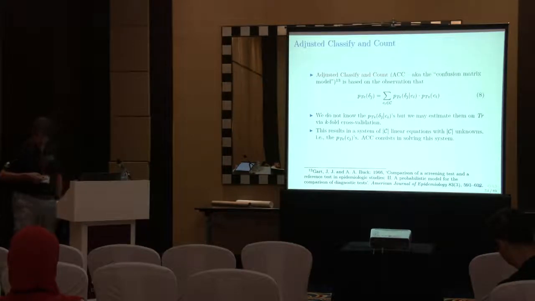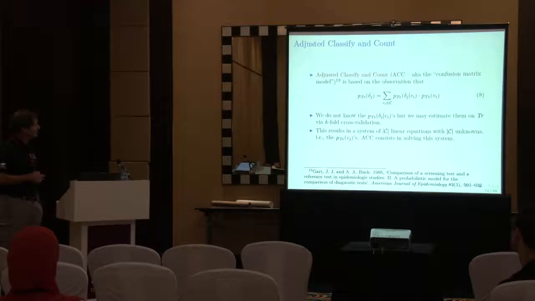A very important method is adjusted classify and count. It's also known as the confusion matrix model, and it's based on the observation which is encoded by this formula. Let's try to read this formula. It says that the probability that a positive decision for class CJ is reached in the testing set breaks down into the sum of these probabilities.